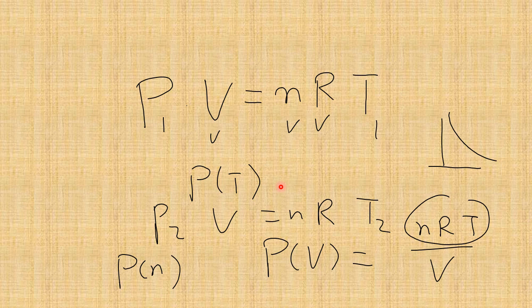The pressure goes to 0. So now, if you move V to the other side and look at the relation between pressure and volume, you have an inverse relation. Divide V to the other side, and you get RT divided by volume. Then this is a reciprocal relation.